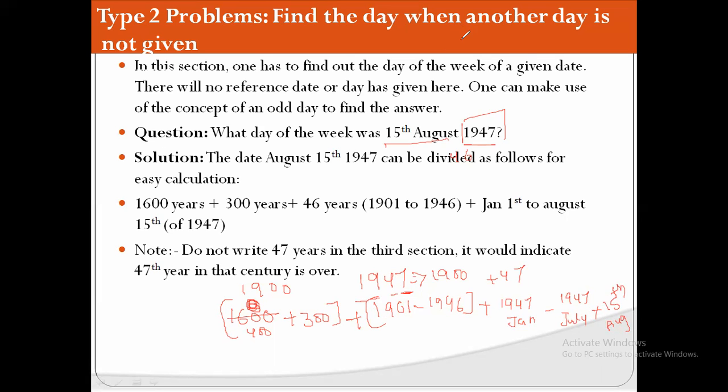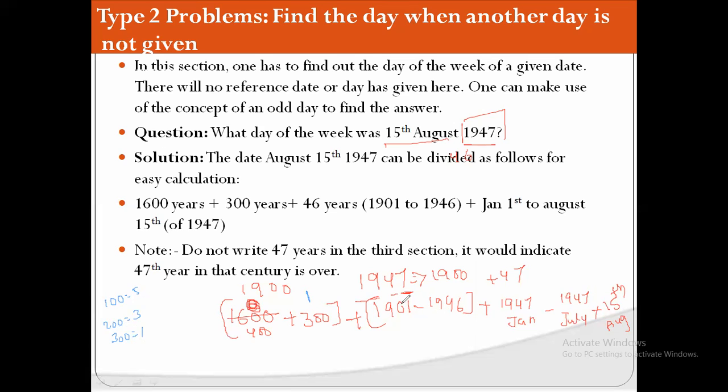So like this we will divide the year which they have given to us for ease of simplification. In the 16th century, if it is divisible by 400 it means 0 odd days, and 300 years we have already seen in the chart: 100 years will have 5 odd days, 200 years will have 3 odd days, whereas 300 years will have 1 odd day.